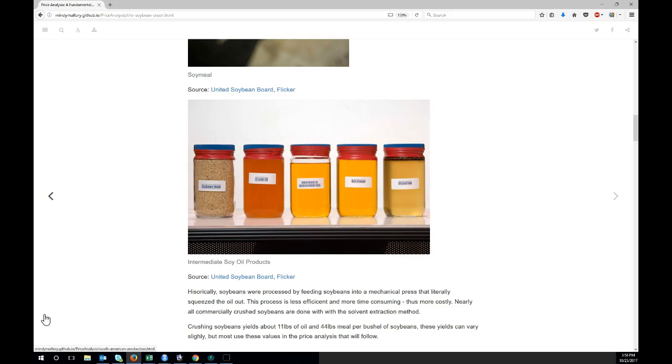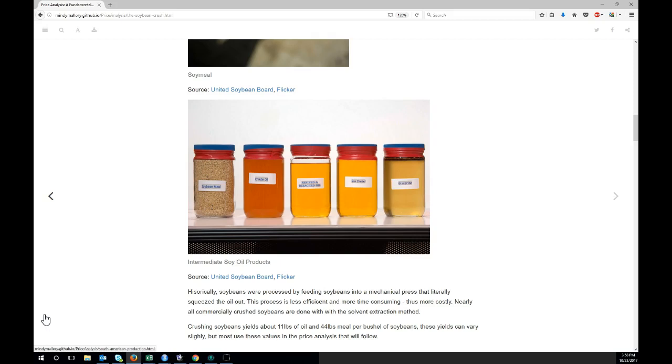So when they first extract the oil from the crushed soybeans, it's this orangish color, and then they refine it and bleach it and it becomes a little lighter. And that middle jar is probably what you would see if you went to the grocery store and picked up some soybean oil to use for your home cooking.